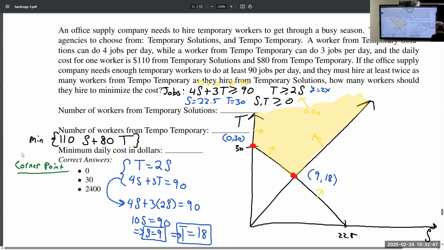The equation is 110s plus 80t, and we should plug in (0, 30) and see what we get. So that goes to 0. It's just 8 times 3, which is 24 with 2 zeros on it.